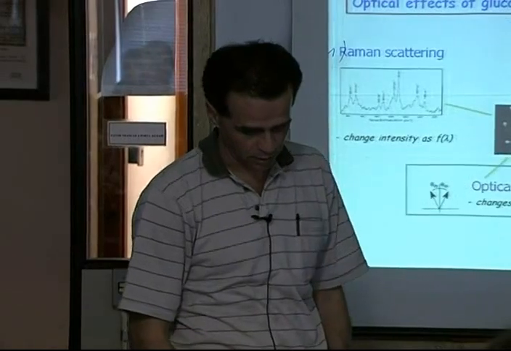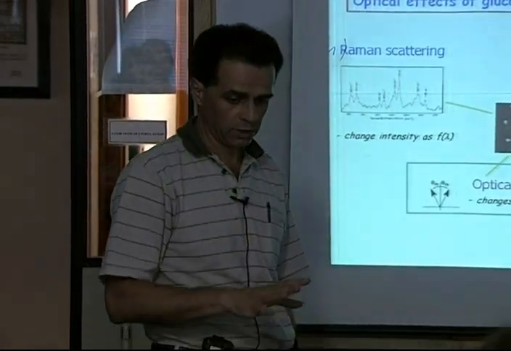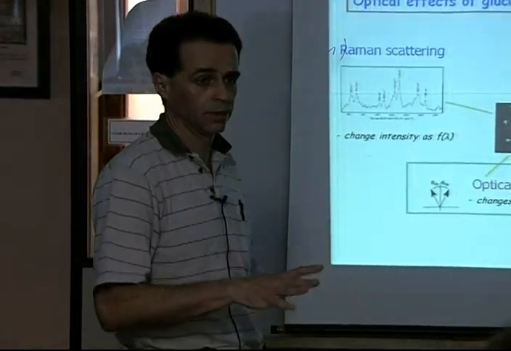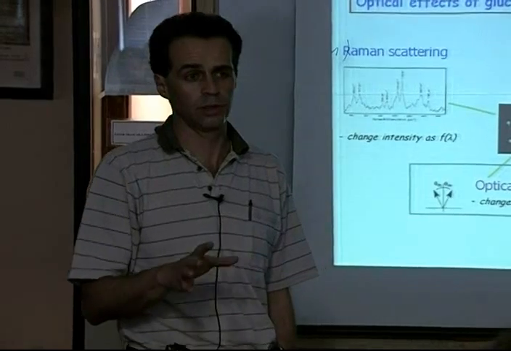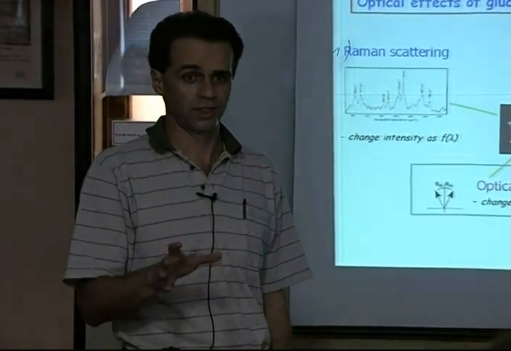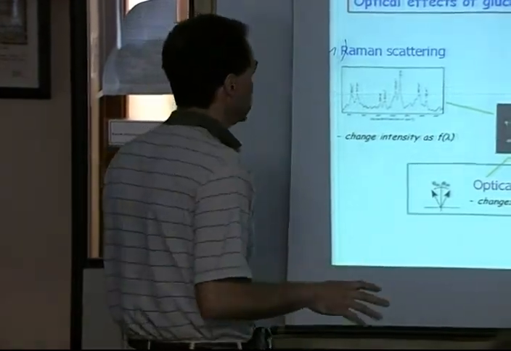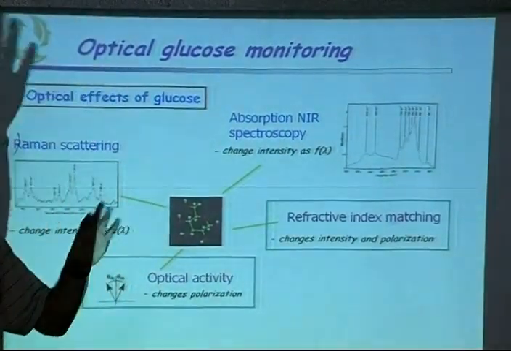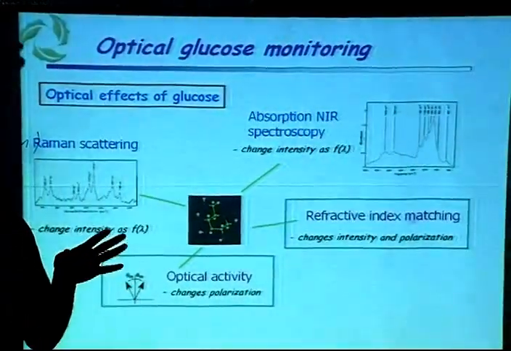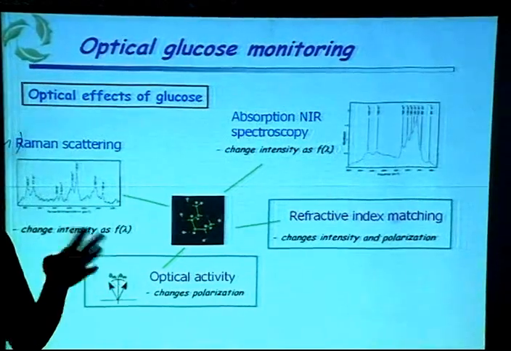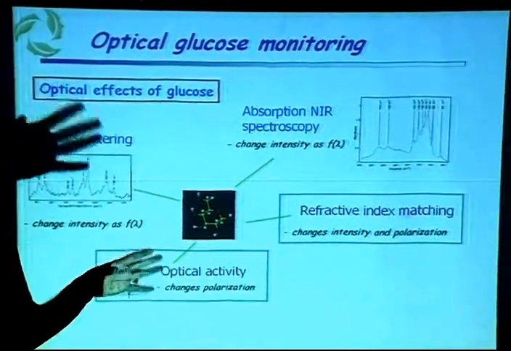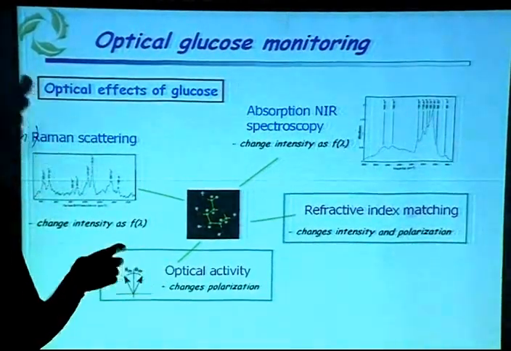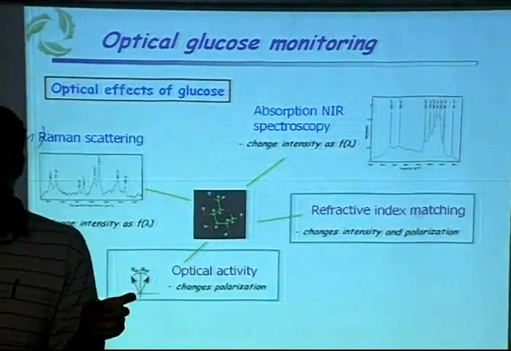Just to concentrate on glucose, what people have done to date, which has been a lot of work simply because the problem is so important and so difficult, and therefore no one has succeeded yet, is to look at the absorption changes in the near infrared. Glucose has no visible absorption spectra features, but in the near infrared and the mid infrared, it does have some. Very weak, because the concentration is 1 part in 1,000.